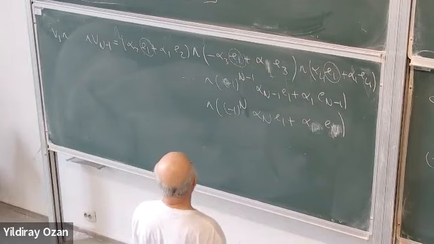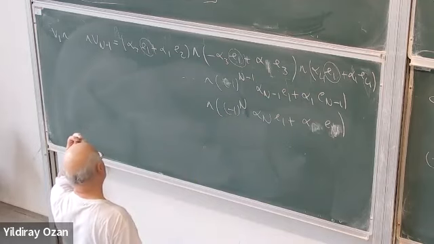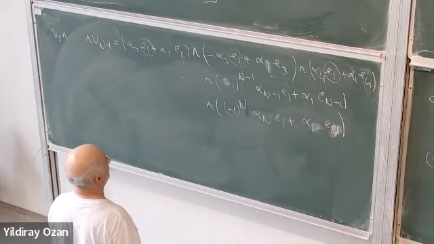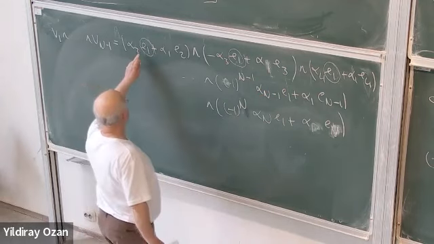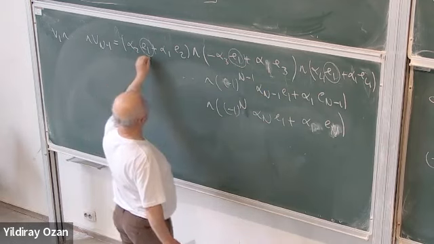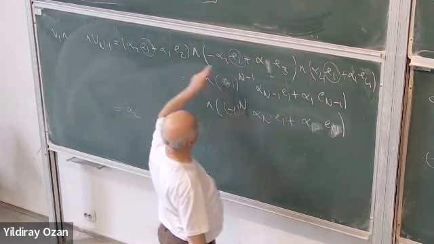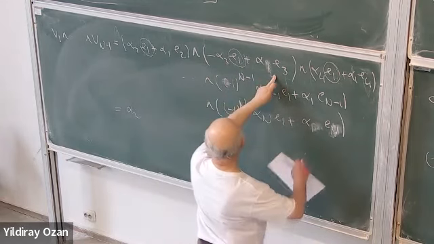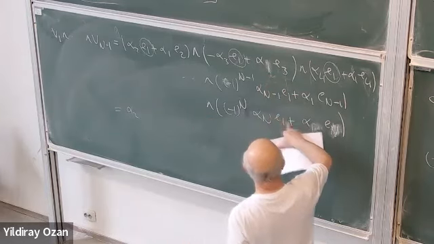Tabii ki. Şöyle yapabiliriz. Buradan alfa 2'yi alıyorum. So I take this term, and then since I have chosen E1, I have to choose this one, alpha 3.